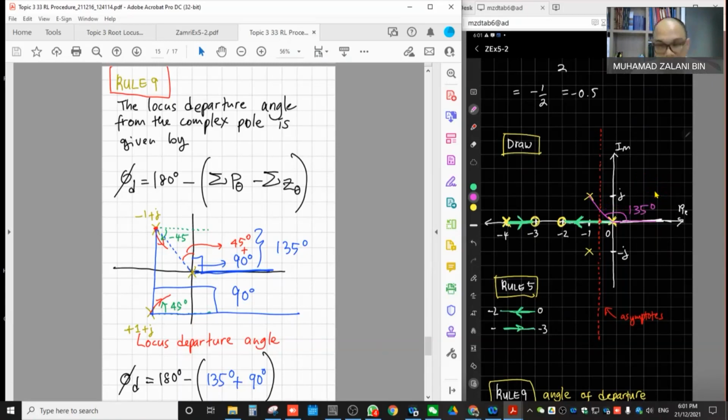So the second angle with respect to the horizontal plane starts from this pole to the bottom pole, to the bottom pole with respect to horizontal. Meaning that if I draw it, it will look like that. That is the second angle of the poles.